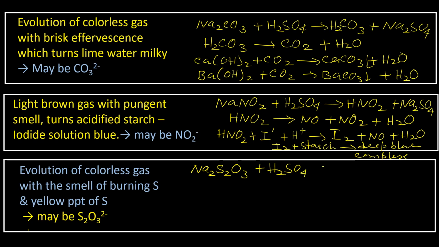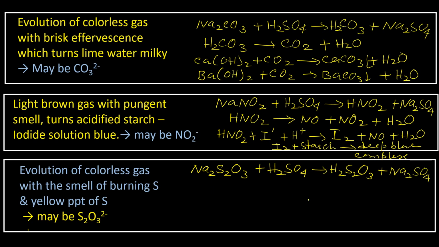So the weaker acid, thiosulfuric acid, H2S2O3, will be released, and here you will get sodium sulfate. I'm writing only the important products, not all the products.